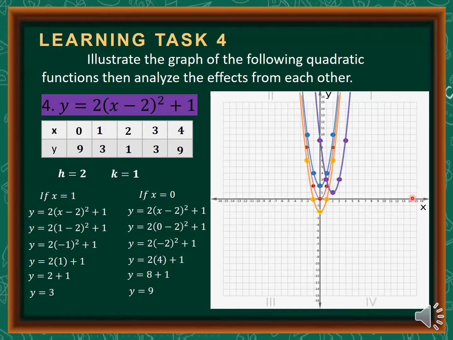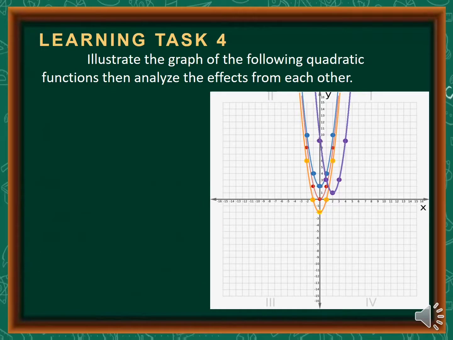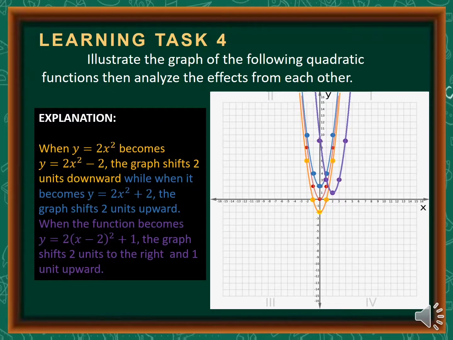What happened naman? What do you notice in our graph? So, mula dun sa original natin, dito sa ating red one, what happened to the graph? If you will notice, mula dito sa original, it moves 1, 2 to the right. How many times? Okay, it moves 2 times. Again, papakita ko ulit sa inyo. Mula dito sa original, it moves 2 to the right, at ilan pataas?